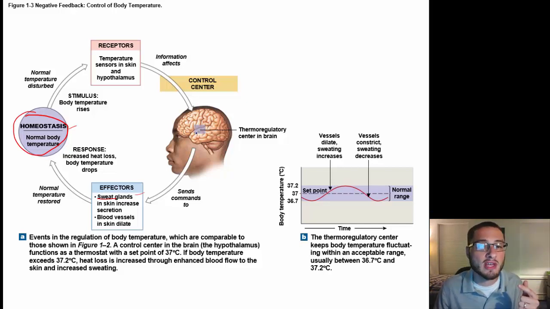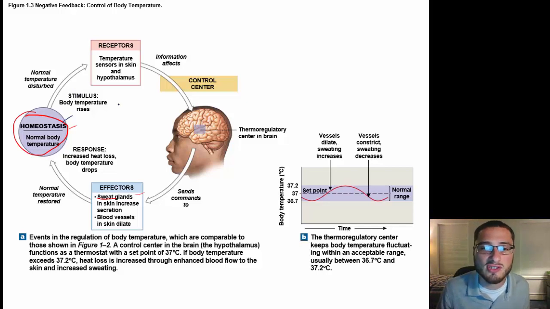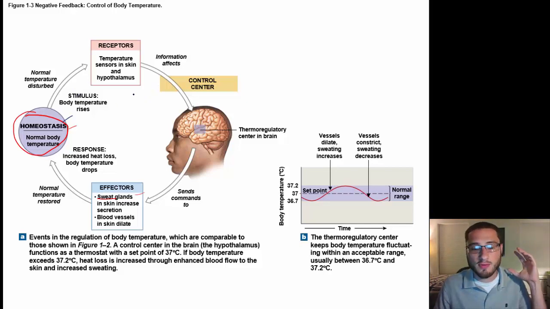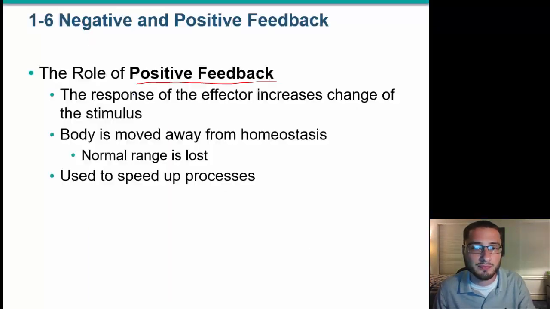Or if we're too cold, hey, we've got to start shivering. And that's going to go on until we get back to the temperature we want, back to homeostasis. And once we get back to homeostasis, the receptors are going to pick up on this and relay that message to the hypothalamus, and the hypothalamus is going to say, hey, we can stop sweating, or we can stop shivering if we were too cold.